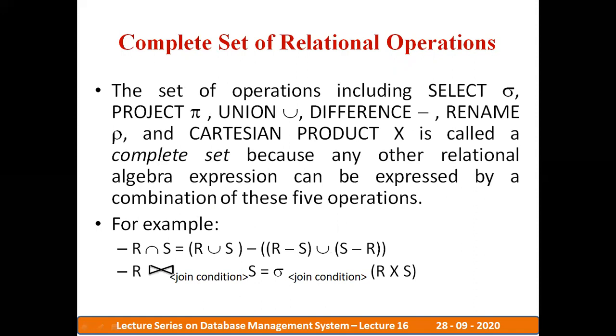For example, R intersection S can be represented as (R union S) set difference ((R minus S) union (S minus R)). Or R join S can be represented by first performing the Cartesian product of the relations R and S, and finally applying the selection operation. So that's why select, project, rename, union, difference and Cartesian product we call the complete set of relational operations.